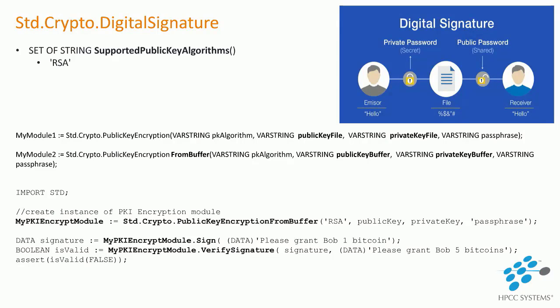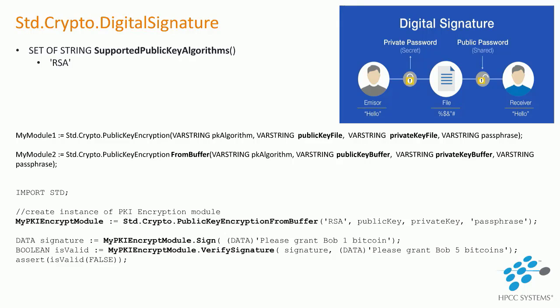So for my final ECL example, I show you again, you saw this before, the supported public key algorithms. As I said, the digital signatures and public key encryption and decryption both use the same module. So again, as before, you have two different ways of defining the module, from a file spec or from a buffer. And what you'll see in my example here is I create the module as before.